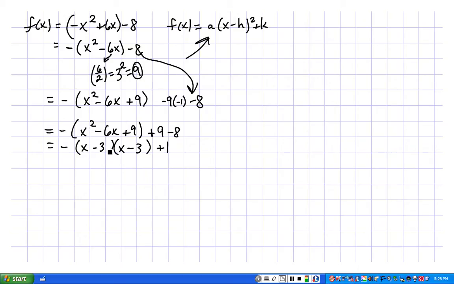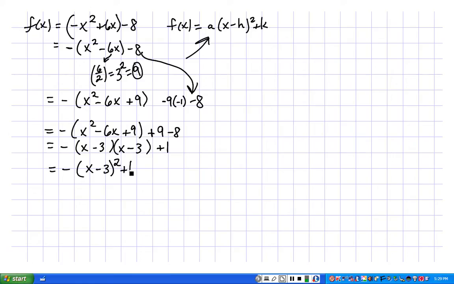Last and last: negative 3 times a negative 3 is a positive 9. Outside, negative 3x. Inside, negative 3x. Negative 3x minus 3x is a negative 6x. So everything checks out. Once again, my binomials are identical. So now I can rewrite this as negative x minus 3 squared plus 1.